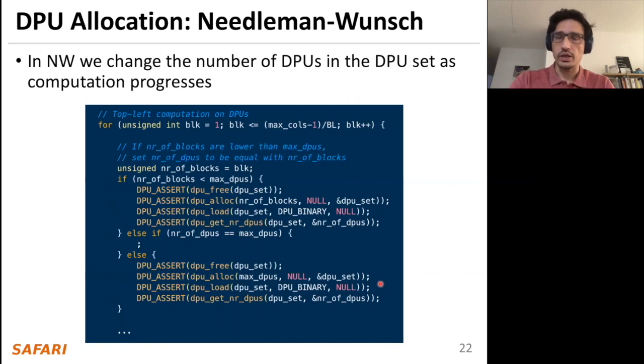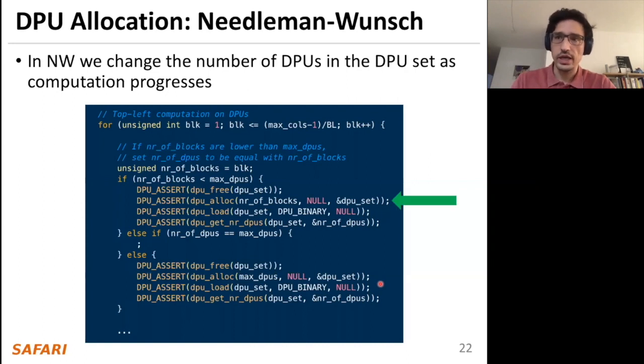And it's a waveform algorithm where we go diagonal by diagonal processing the data. The size of the diagonals, as you know, changes. So because of that, the number of processing elements, or in this case, the number of DPUs that we are going to use, is going to change.